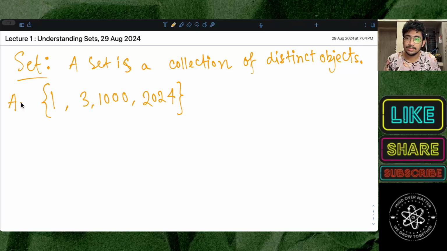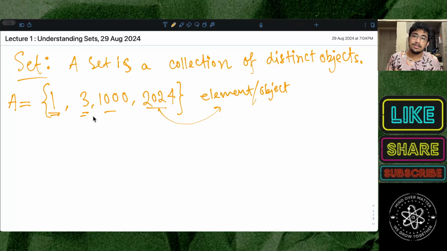Suppose I am naming it set A. Each entry inside a set is called an element or an object, and in this particular set there are four elements: 1, 3, 1000 and 2024.